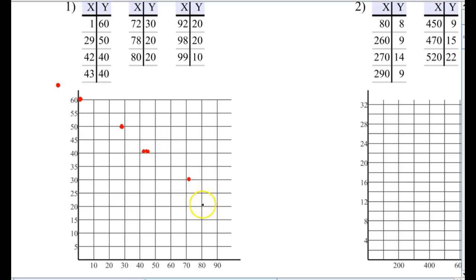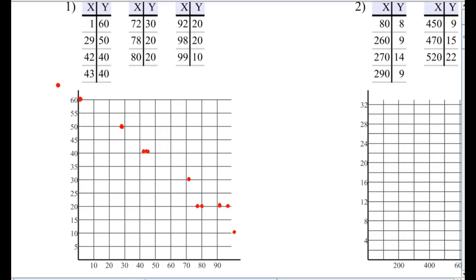And 78 and 20. And right about there. And 80 and 20, right there. And 9220. Lots of 20s. 9220. 9820. And 9910. There we go.